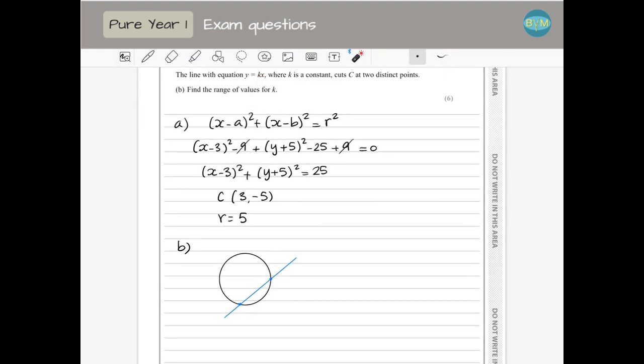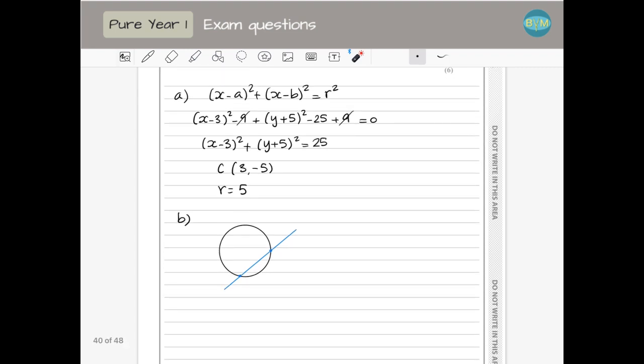So we have to find the range of values of k that will make the line cut the circle twice. Because you know that it can not cut the circle at all, or it can be tangent. So we need a range of values that will make the line cut twice.